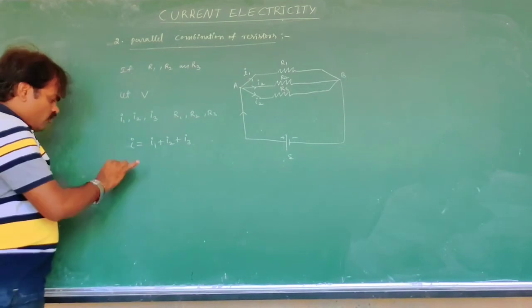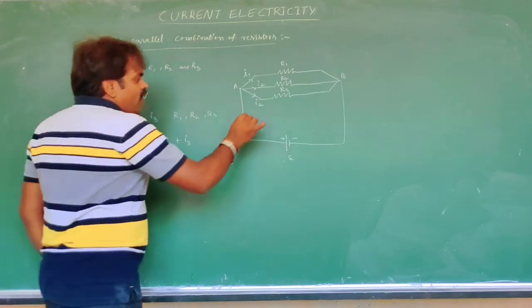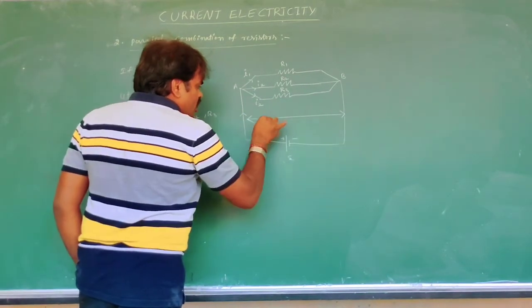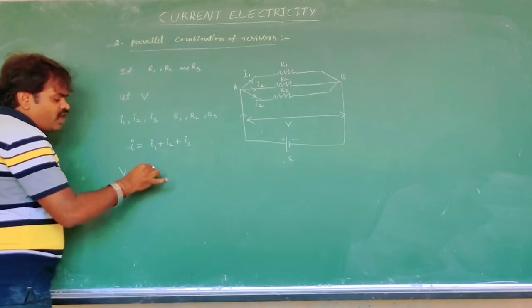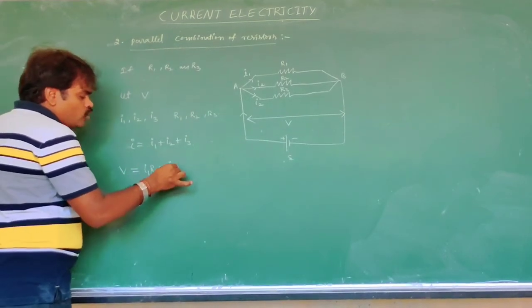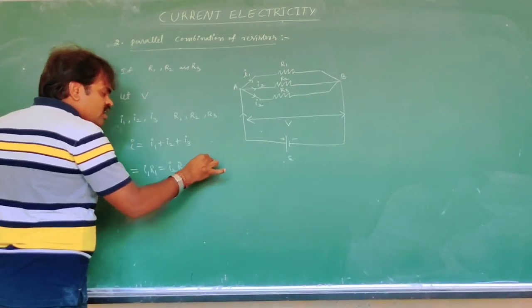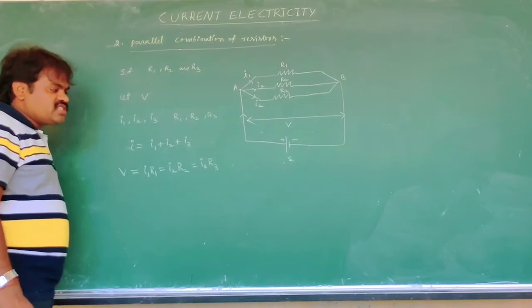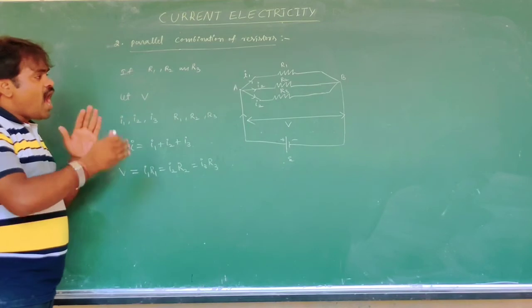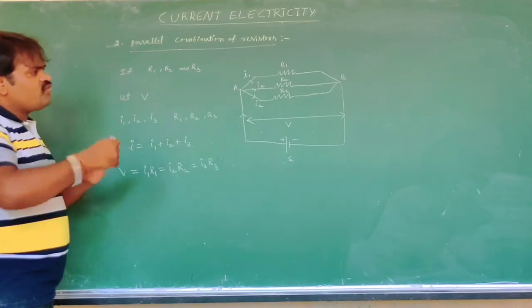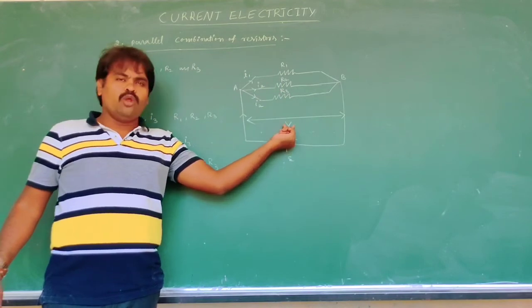The applied potential V is equal to I1 R1 is equal to I2 R2 is equal to I3 R3. In the parallel combination, the potential across each resistor is the same and equal to the applied potential.